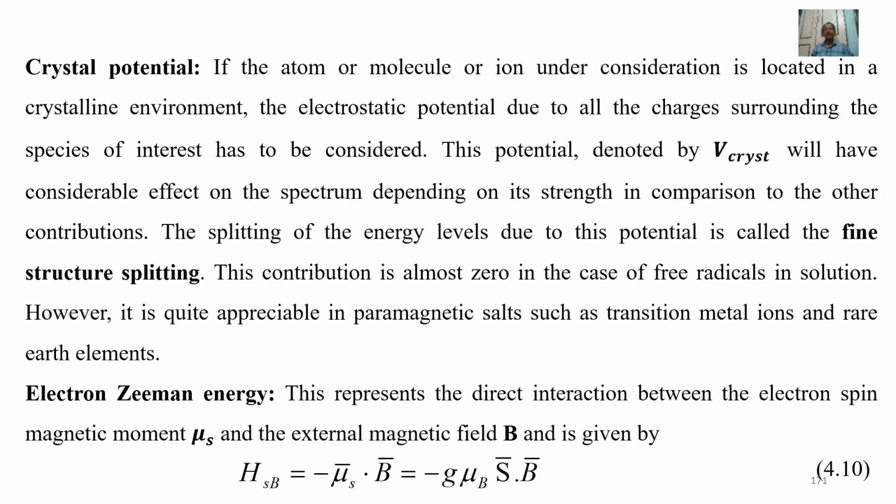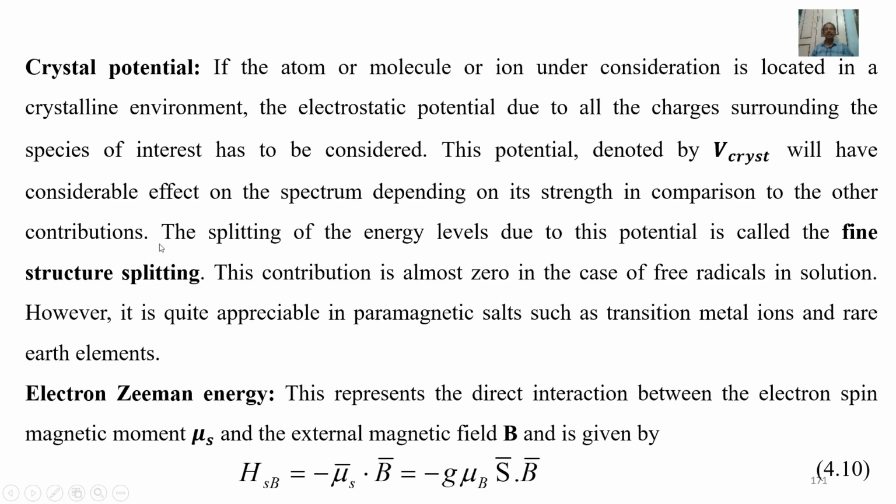Crystal potential. If the atom, molecule or ion under consideration is located in a crystalline environment, the electrostatic potential due to all the charges surrounding the species of interest has to be considered. This potential, denoted by B crystal, will have considerable effect on the spectrum depending on its strength in comparison to the other contributions.